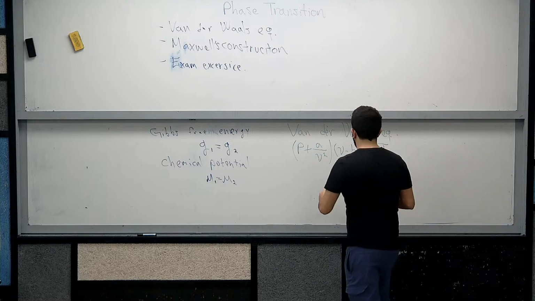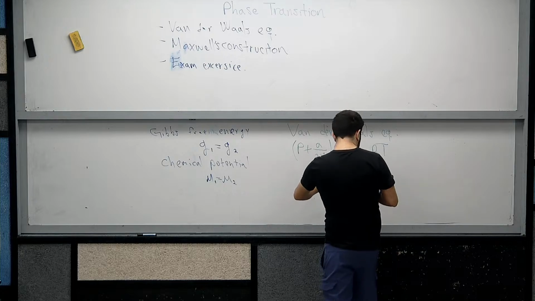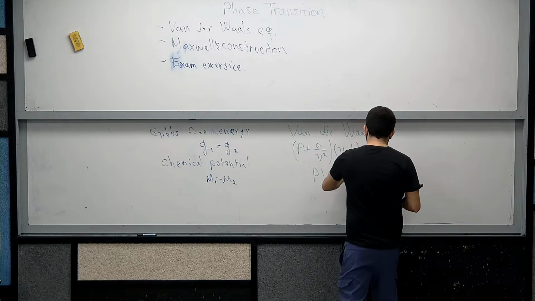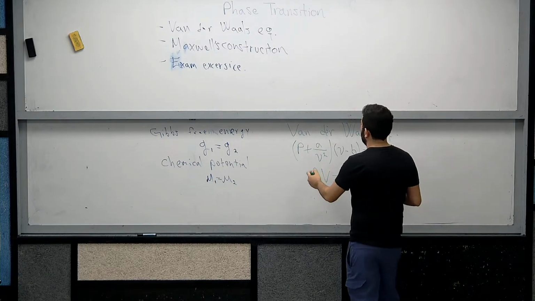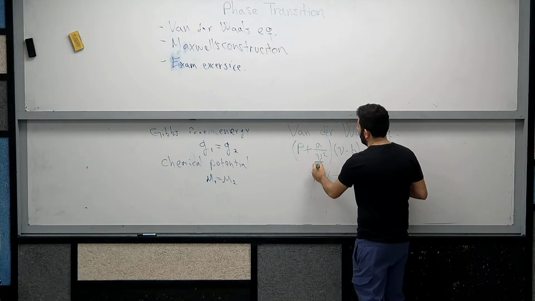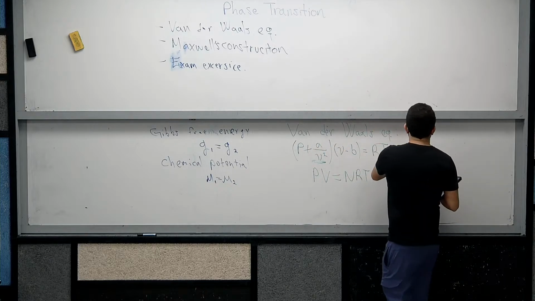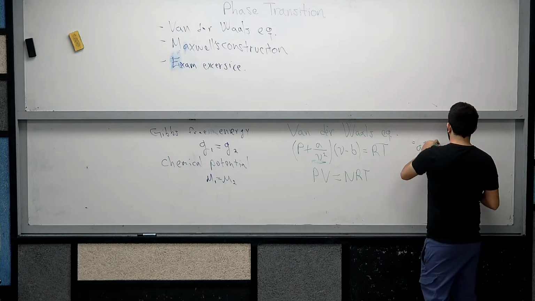Okay, do you recall the equation for the ideal gas is something like this, right? So this is very similar. So the idea of the van der Waals equation is to do a correction on the pressure, which is led by this parameter A, which is an attraction between molecules.